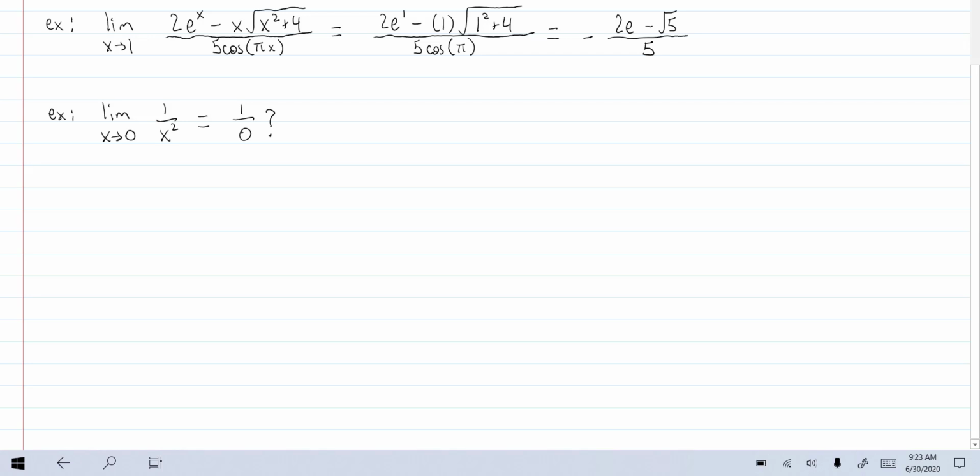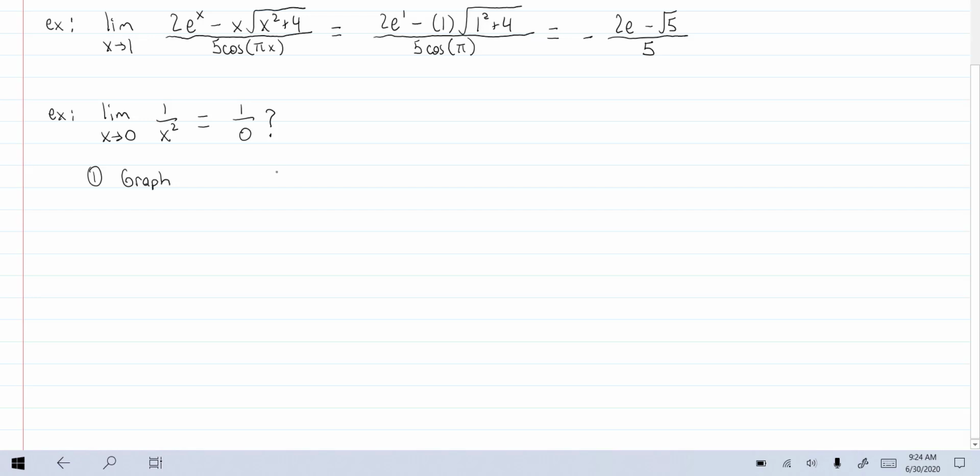Now, when you're confronted with a limit that you don't know how to evaluate, there are a few things that you can do to at least get some idea as to what the limit is. So one thing you can do is look at a graph of your function.